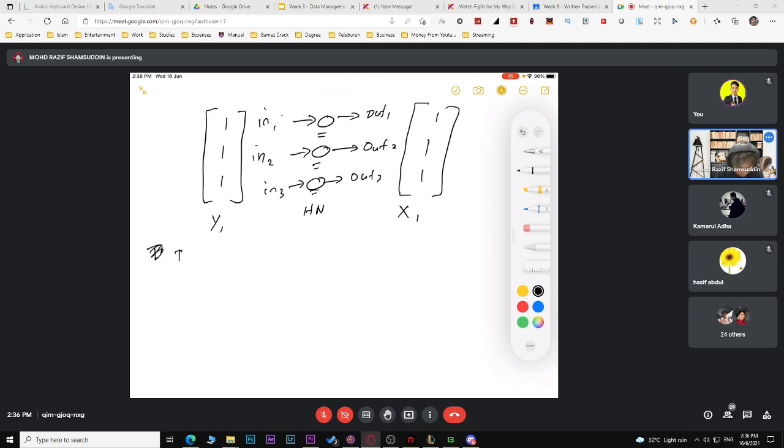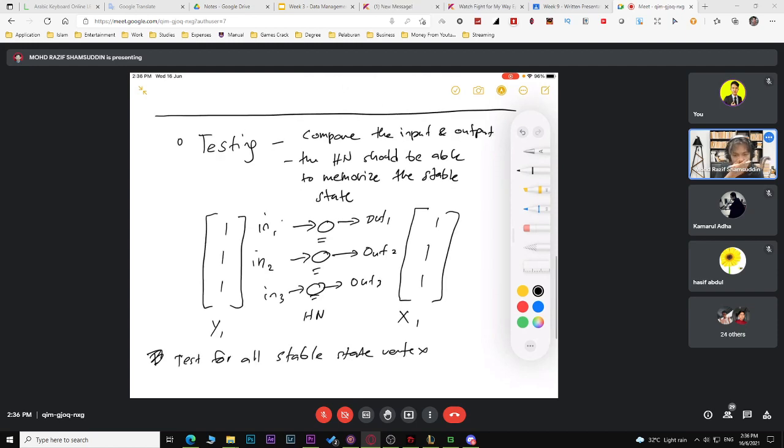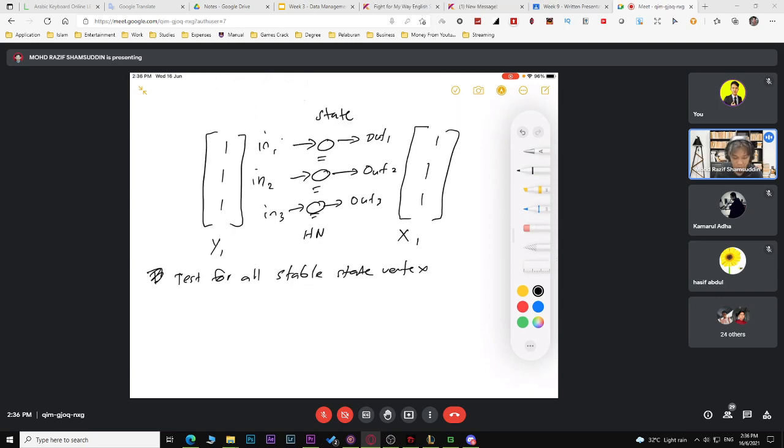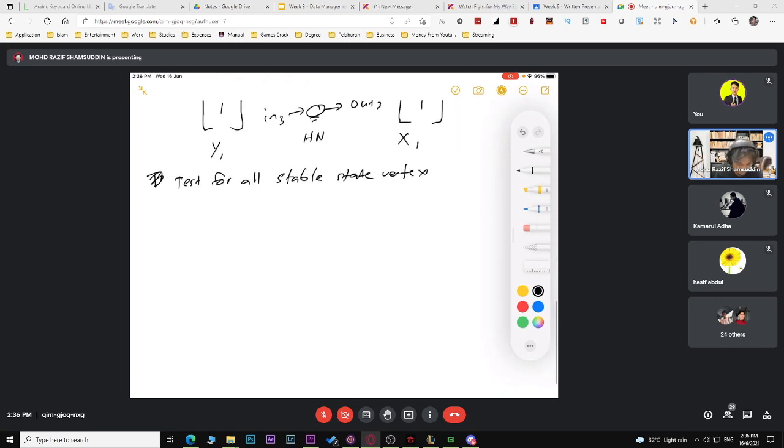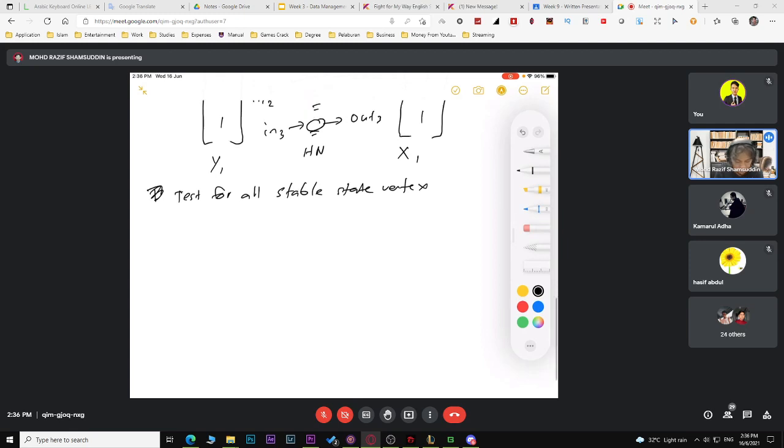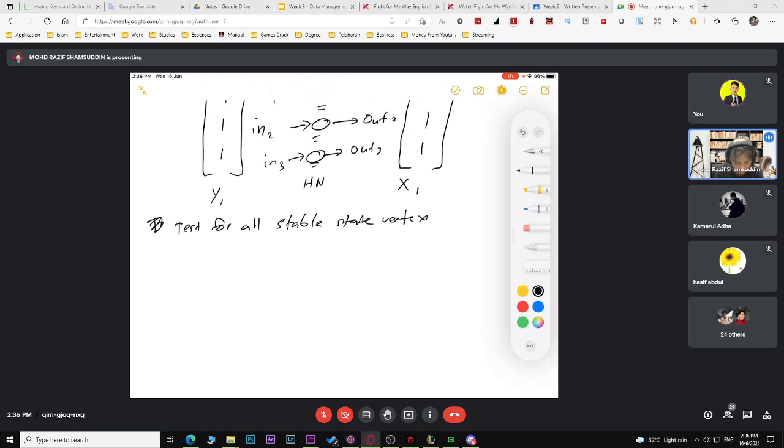Test for all stable states. In our case, we have 2 stable states, so we have to test both. So let's do one. Let's say the output is X. How do you produce X?